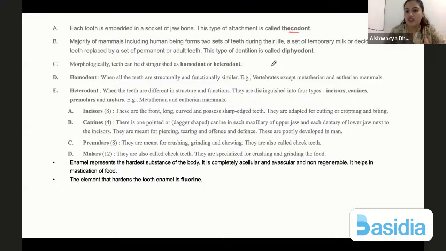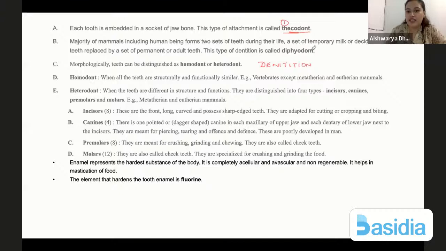So the arrangement of teeth in the socket of the jawbone or inside the mouth is known as dentition. All right. So first is that it is thecodont. The term thecodont means that tooth is embedded in the socket of the jawbone. Second thing is that all humans have two sets of teeth during their lifetime.